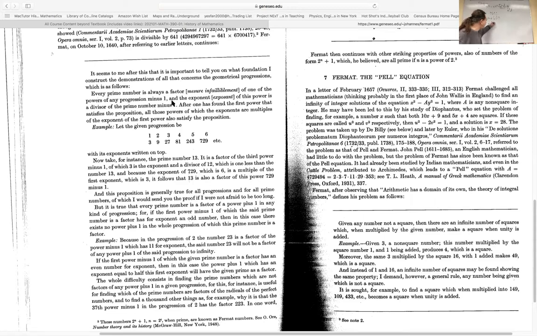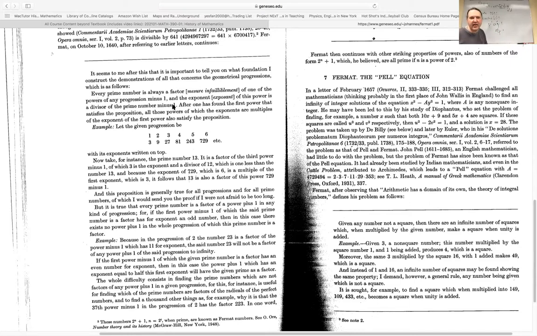So I'll use A for the any and N for the power minus one. Okay, and the exponent of this power is a divisor of the prime number minus one. So the exponent divides the prime number minus one.